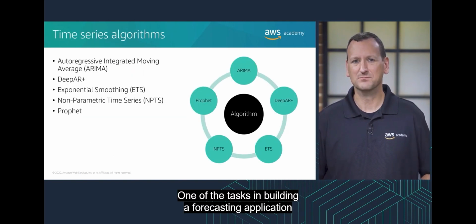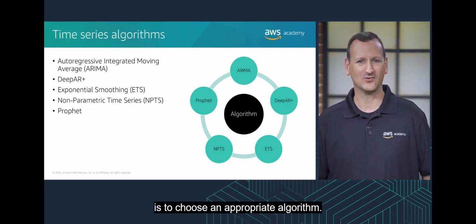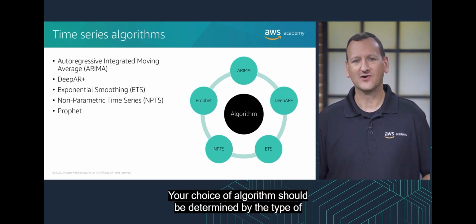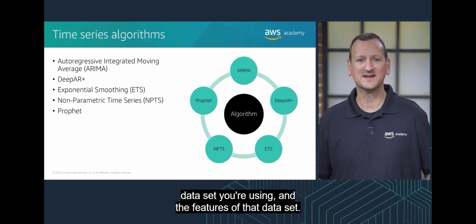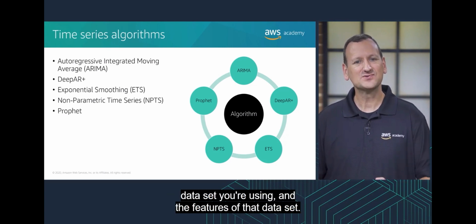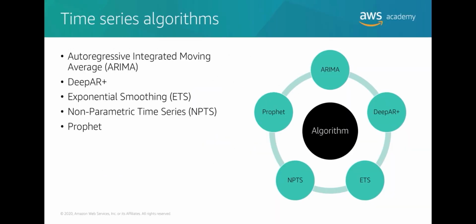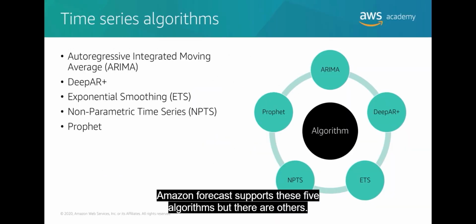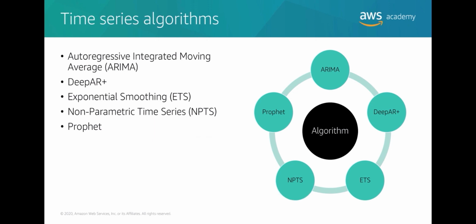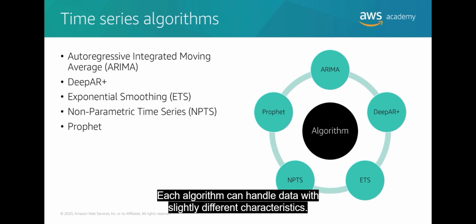One of the tasks in building a forecasting application is to choose an appropriate algorithm. Your choice of algorithm should be determined by the type of data set you're using and the features of that data set. Amazon Forecast supports these 5 algorithms, but there are others. Each algorithm can handle data with slightly different characteristics.